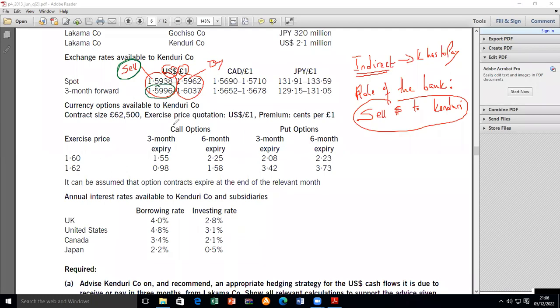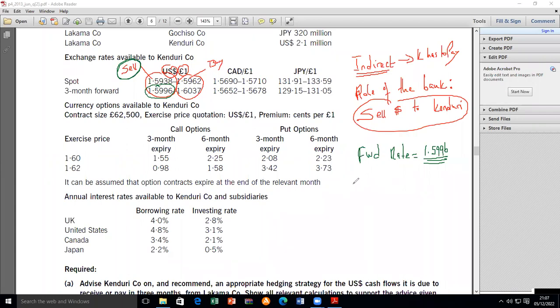So that's the rate that they're offering. The forward rate being offered here by the bank is 1.5996. So that's the forward rate.